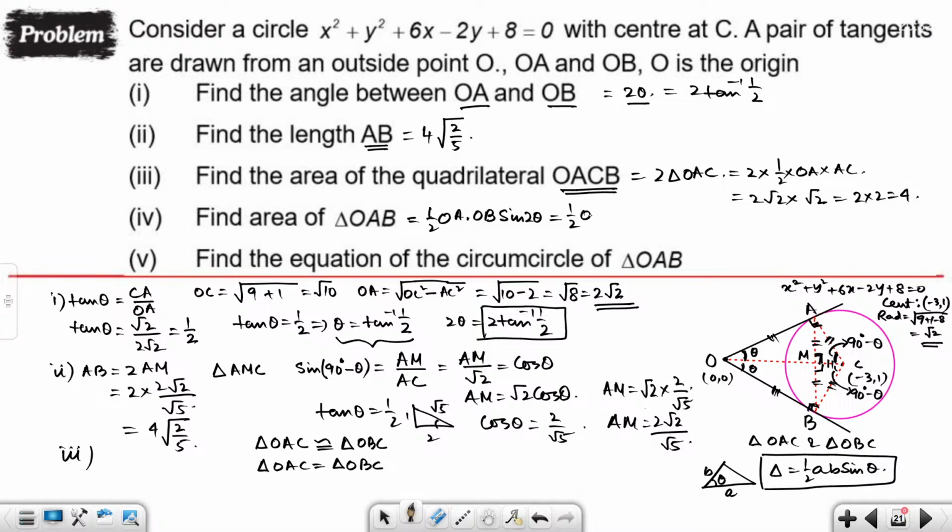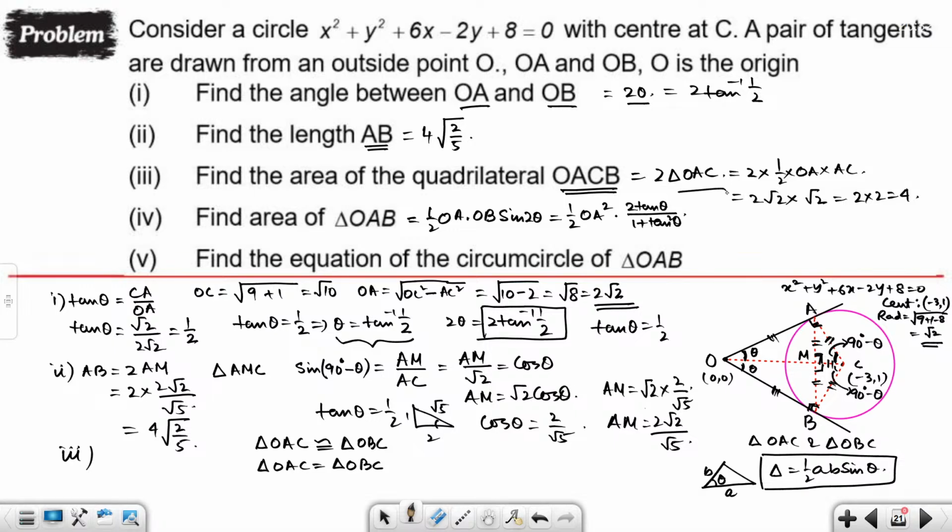So it is basically half OA square sine 2 theta. Sine 2 theta can be written as 2 tan theta divided by 1 plus tan square theta. Why am I doing this? Because we know the value of tan theta, which is half. I will replace that to get the answer quickly.